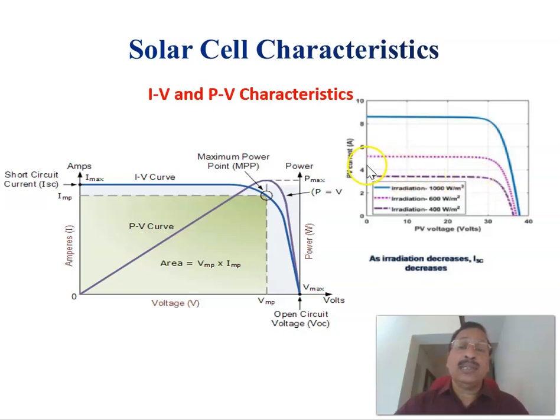If you reduce the insulation to another value, say 400 watts per meter square, it goes down again. Therefore, these are the IV characteristics of a solar cell for different insulation: 1000, 600, and 400 watts per meter square.